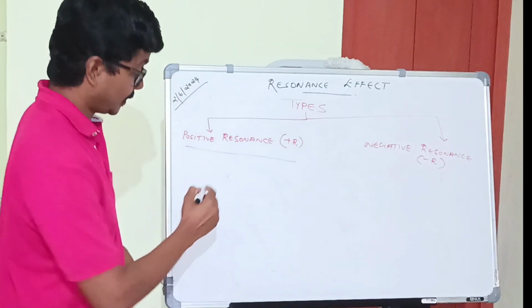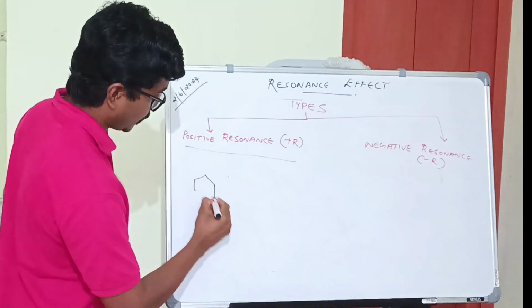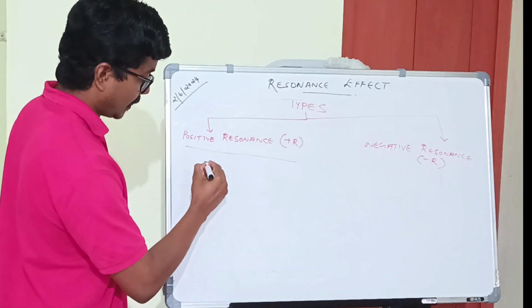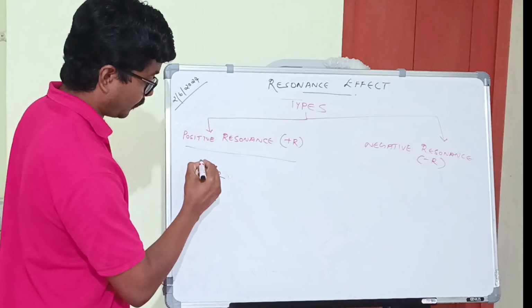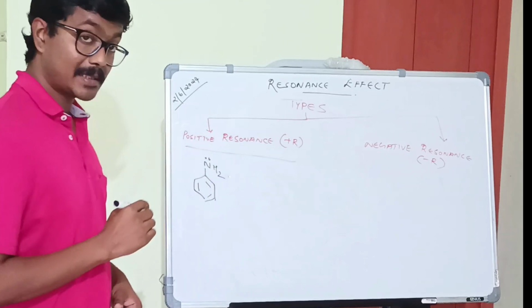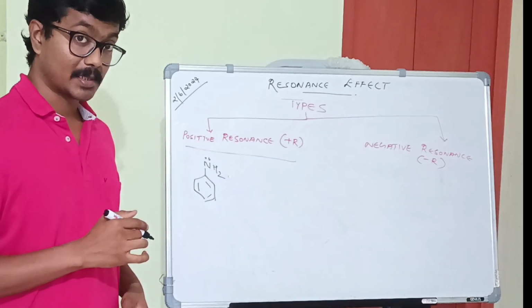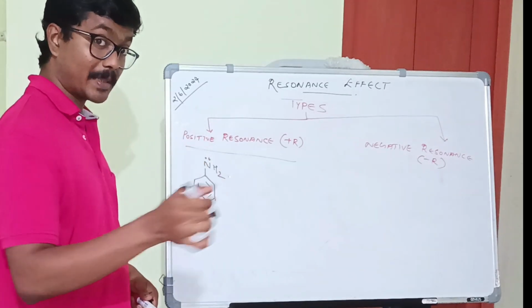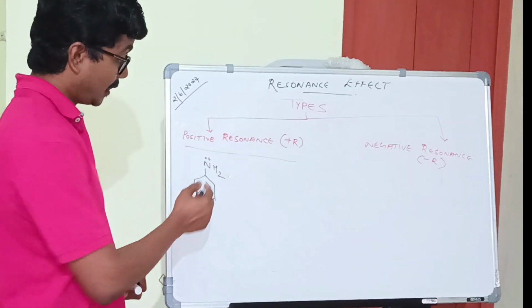Positive resonance: suppose this is a benzene ring with NH2. Nitrogen is carrying a lone pair of electrons. What is going to happen? This amino group is the substituent, right?